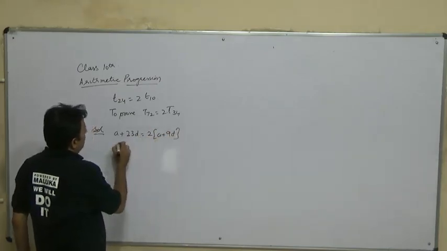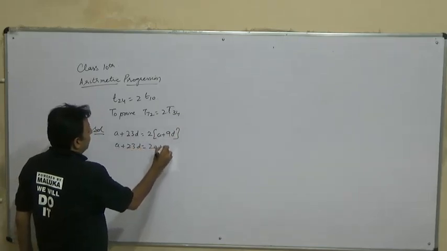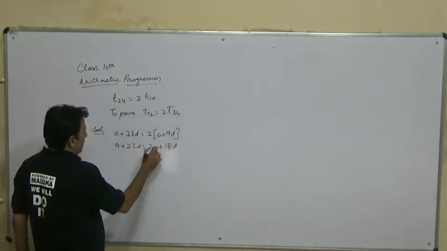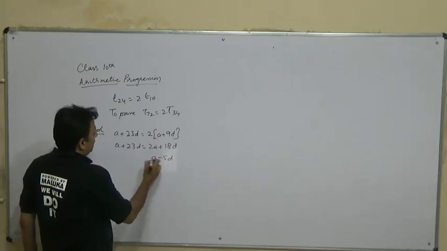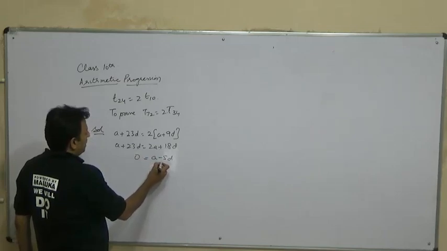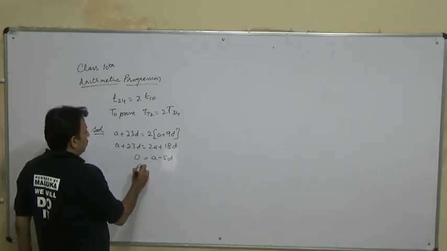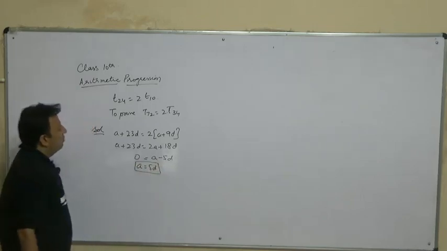So we will solve this. A plus 23d is equal to 2a plus 18d. So this will be, take this to this side, a minus 5d equal to 0. It means a minus 5d is equal to 0, or we can say a is equal to 5d. So this we have found.